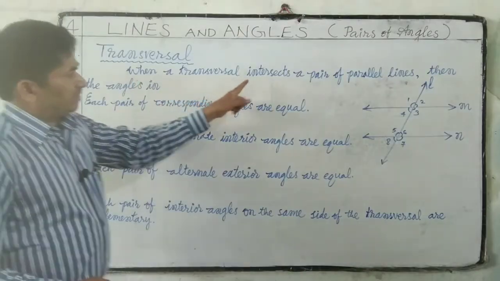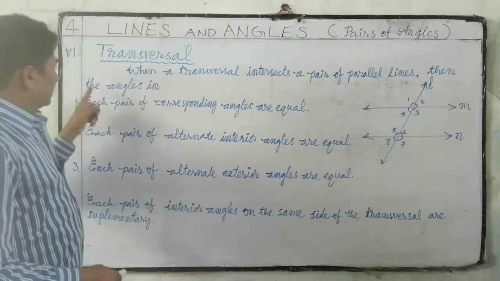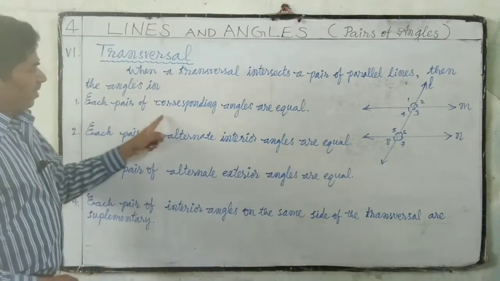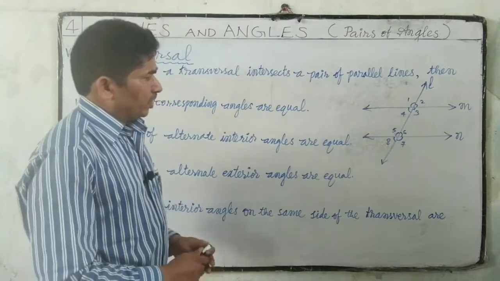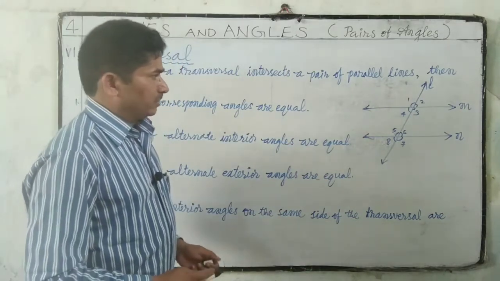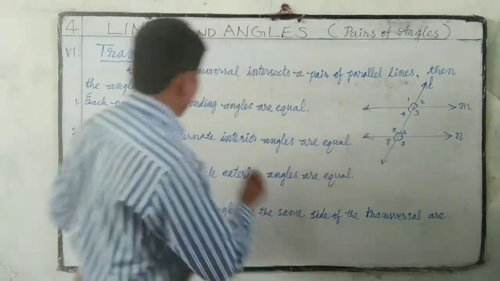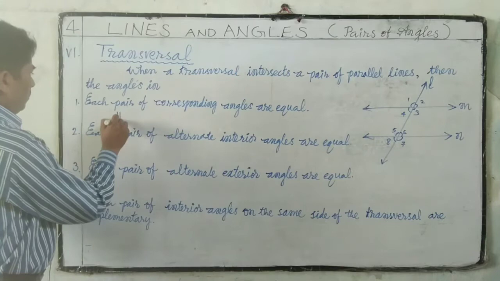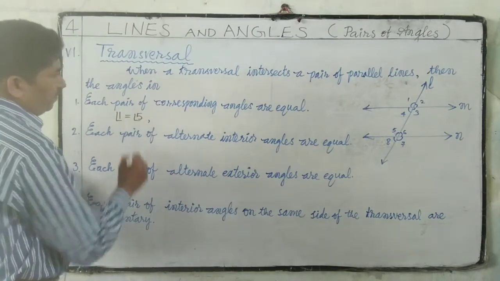When a transversal intersects a pair of parallel lines, then each pair of corresponding angles are equal. Corresponding angles 1, 5 are equal. This is one pair.